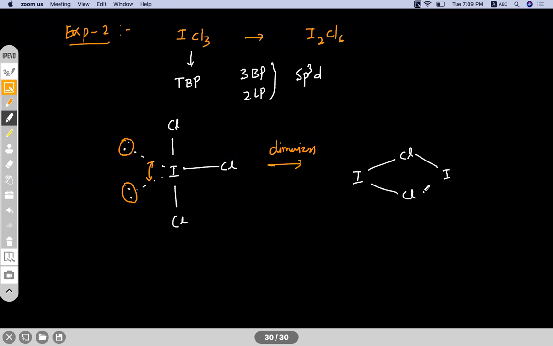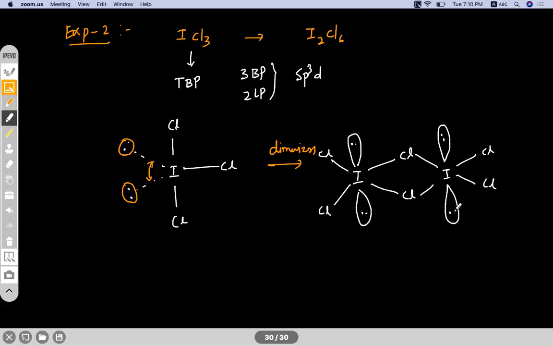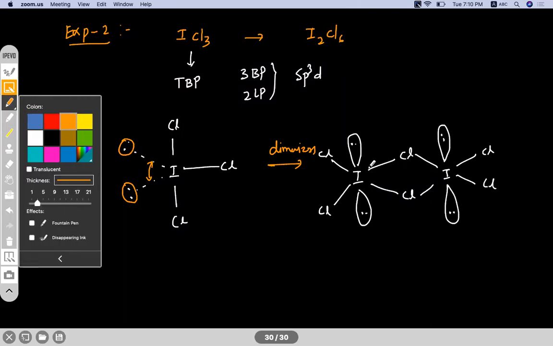ICl. And the two lone pairs are present over here. Now you see the two lone pairs are placed at 180 degrees to each other, and hence the repulsion reduces and the stability increases. In fact, all these chlorine atoms are going into the plane.